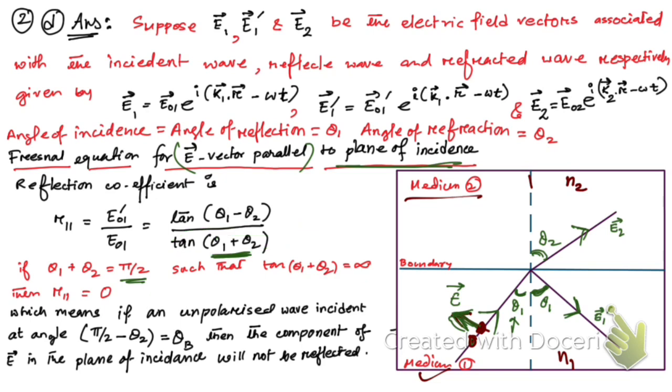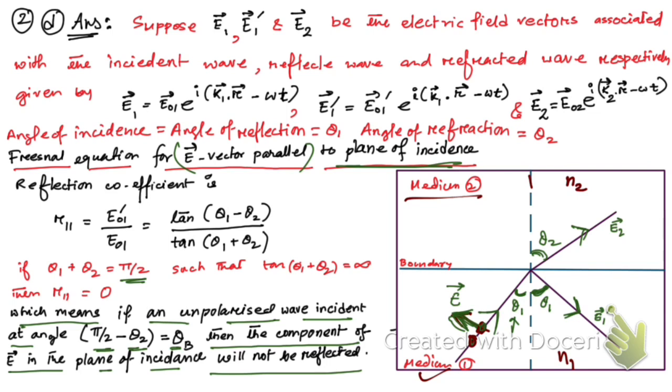That means if an unpolarized wave is incident at an angle pi by 2 minus theta 2, which is denoted by theta b, then the component of E in the plane of incidence, which is parallel to the plane of incidence, will not be reflected. And this angle is known as Brewster's angle.